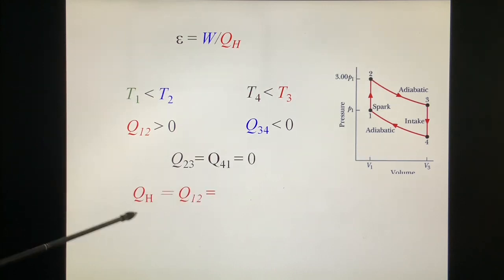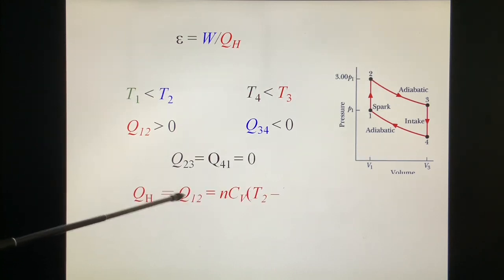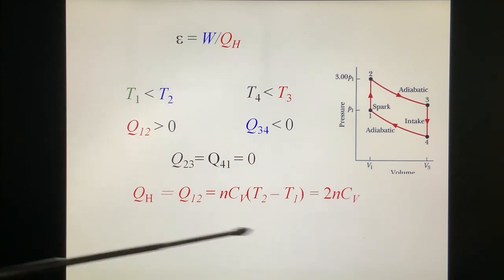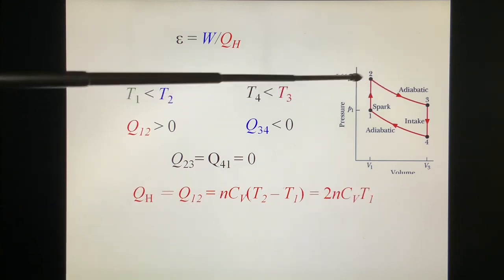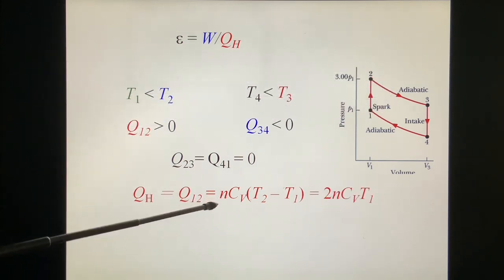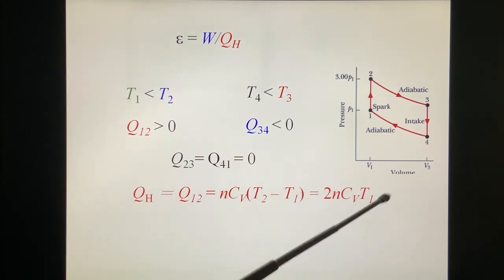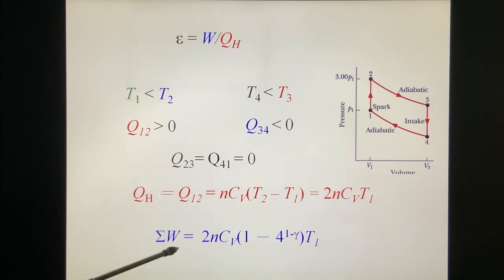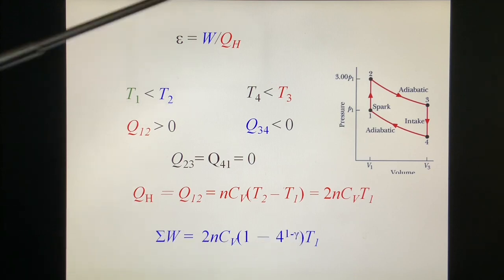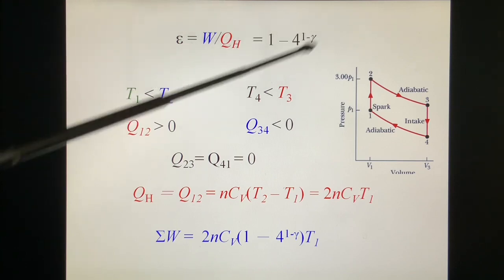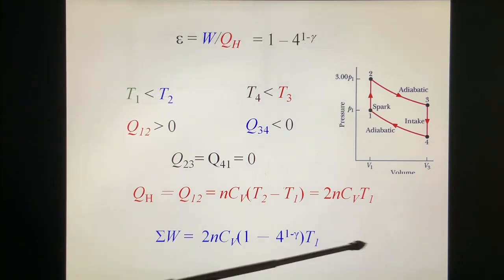So we find QH is this one, a constant volume process, equal to n Cv times T2 minus T1. And W we find equal to this. And W over Q gives efficiency, 1 minus 4 to the power of 1 minus gamma. Next page, we prove this one.